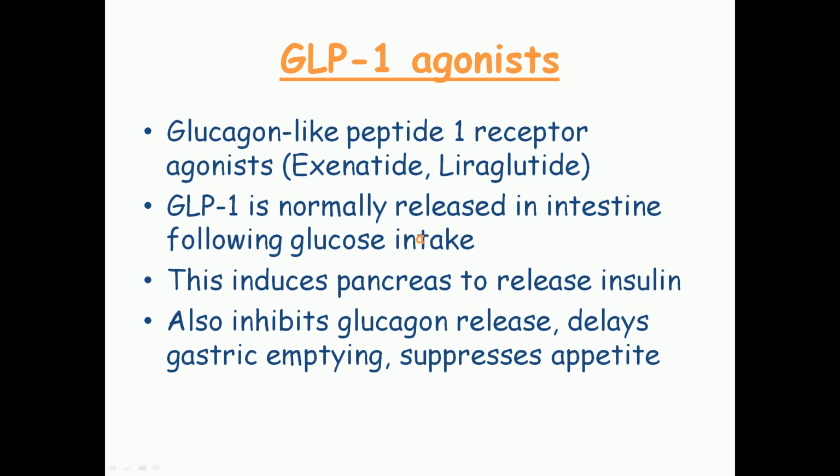It also inhibits glucagon release. It delays gastric emptying and it suppresses appetite. All these actions sum up to lower the blood glucose levels. So that's why GLP-1 is very important. We help to increase its action by giving GLP-1 agonists, which act in the same way as GLP-1.